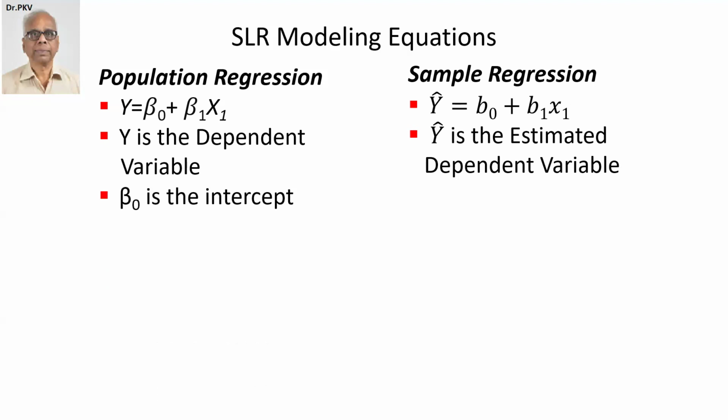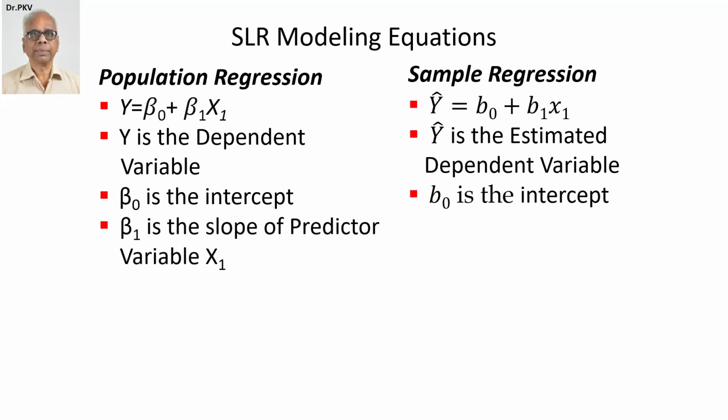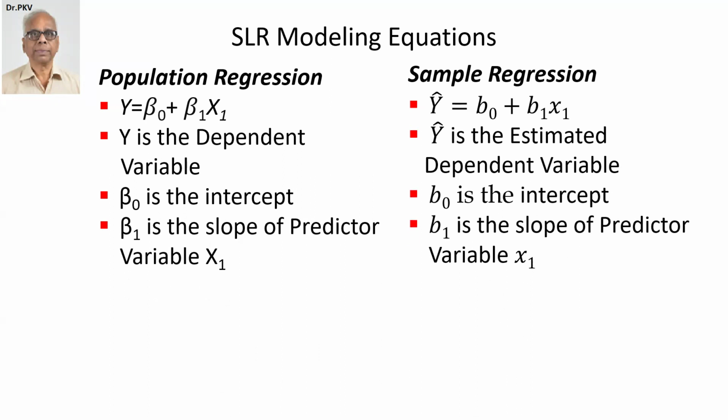Beta naught is the intercept of the population regression model. B naught is the intercept of the sample regression model. Beta 1 is the slope of predictor variable x1 or feature x1. B1 is the slope of predictor variable x1.